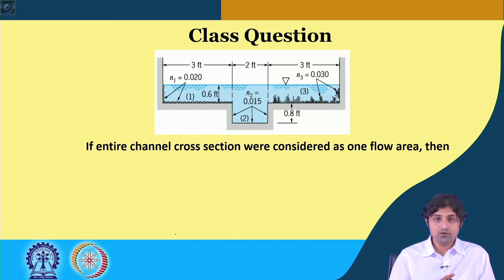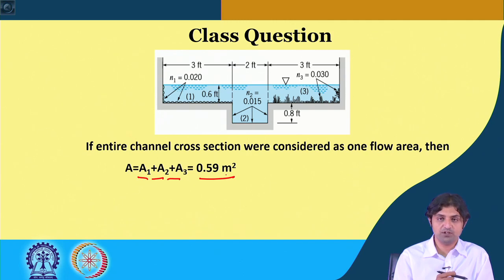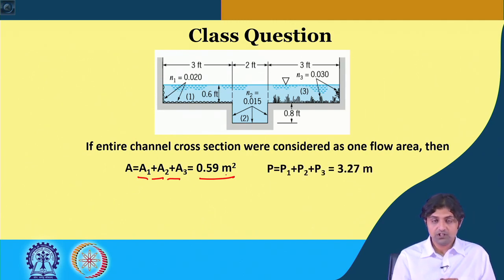So, now we have found out Q for the entire section. Now, if we assume that the entire cross section were considered as one flow area, then the total area is going to be A1 plus A2 plus A3, which we have already computed in the tables. If you add it, it will come to be 0.59 meter square. The wetted perimeter, if you count P1 plus P2 plus P3, is going to come to 3.27 meter from the table.